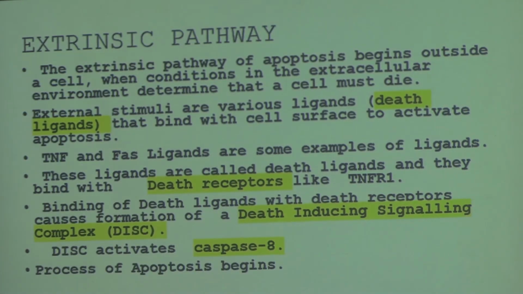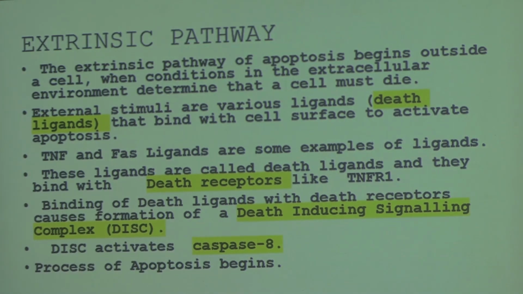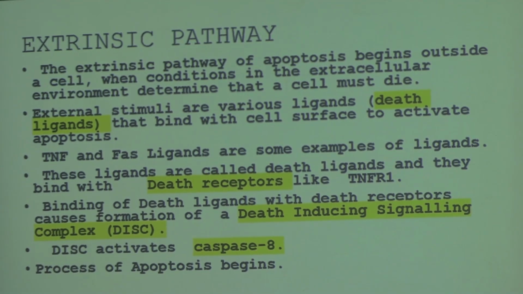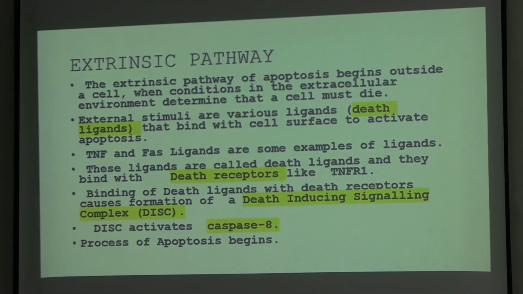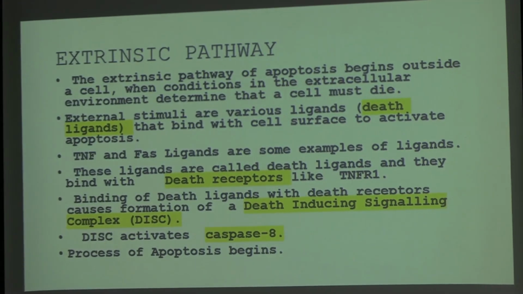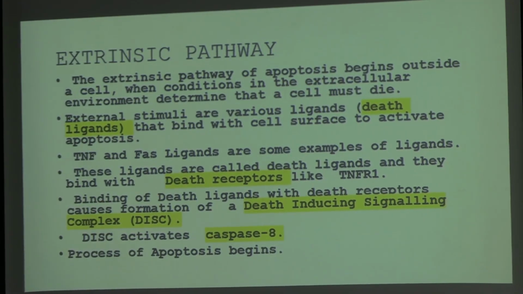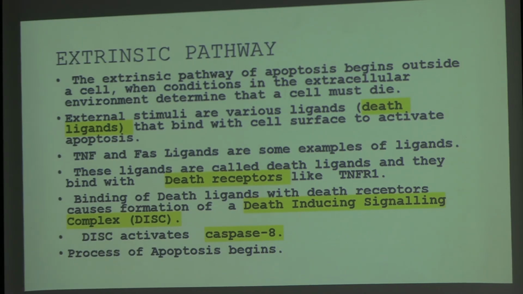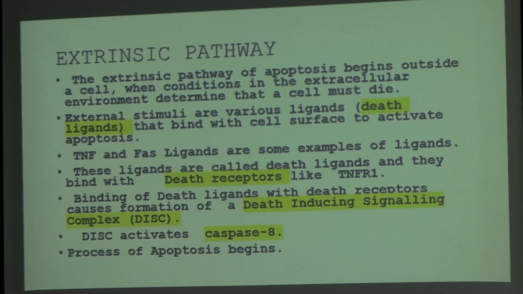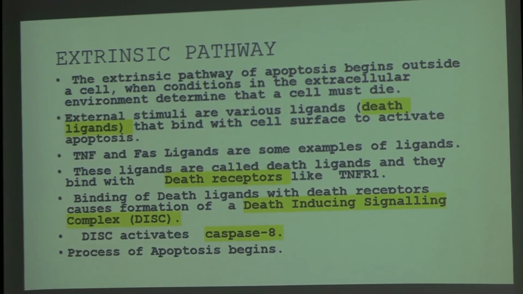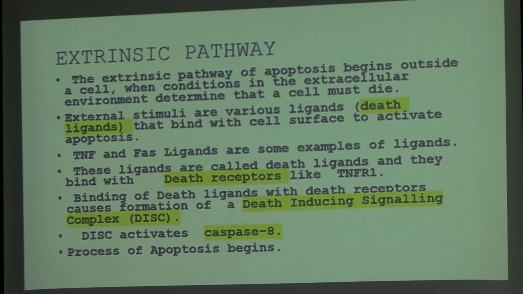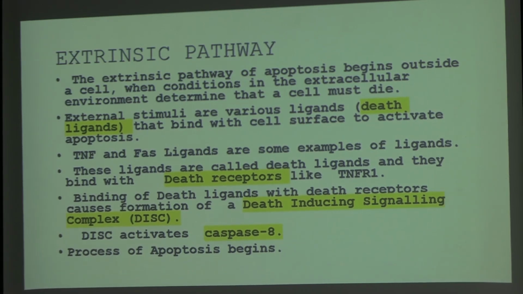Extrinsic pathway. So could you understand this intrinsic pathway? When you go to your books, you might again have some problem understanding it, but now you will be able to follow. If you go through your book today itself, then you will learn. Otherwise, the same problem will come again.